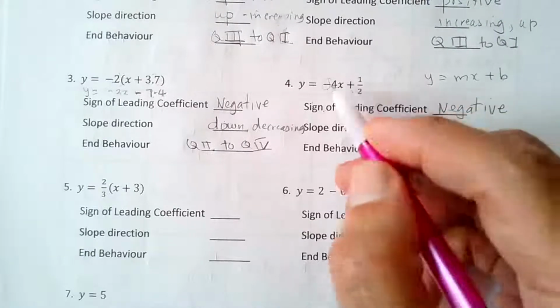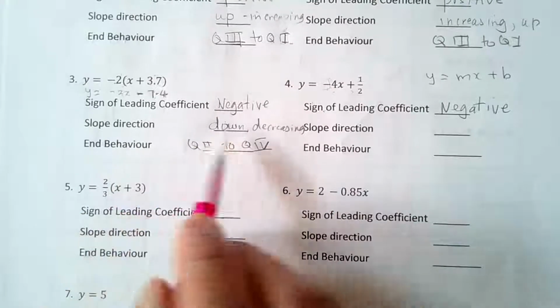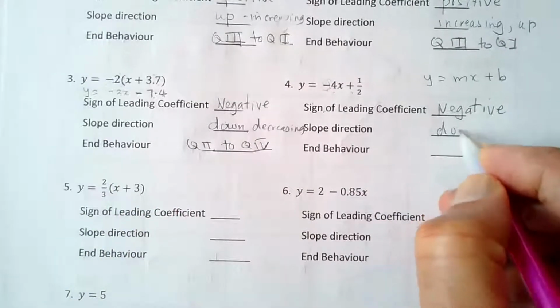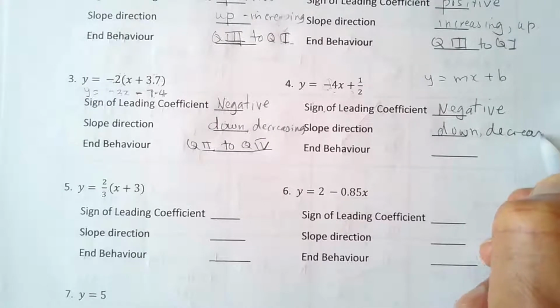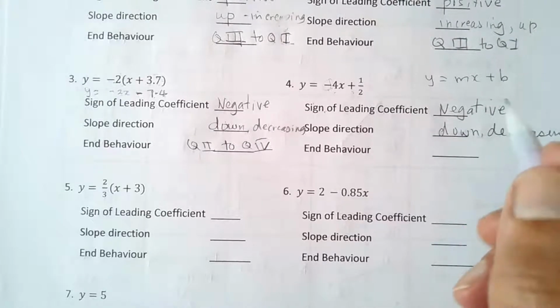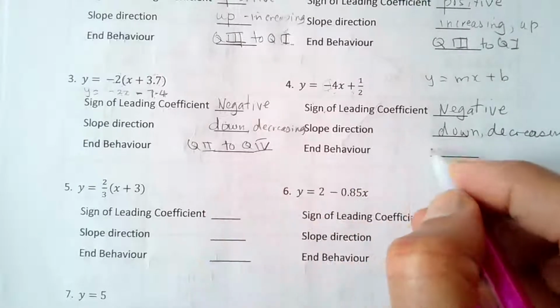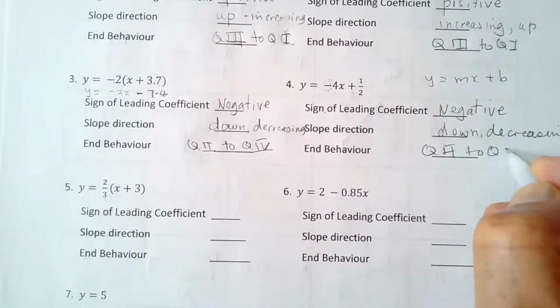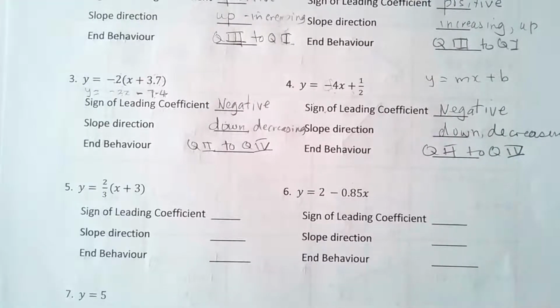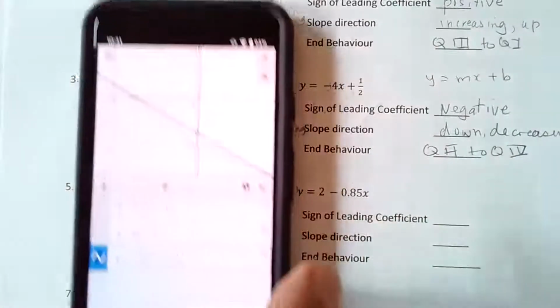And you could guess that if it's negative, it's very similar to this: it's going down or decreasing. The end behavior should be quadrant 2 to quadrant 4. Well, let's test it. We're going to go back to Desmos.